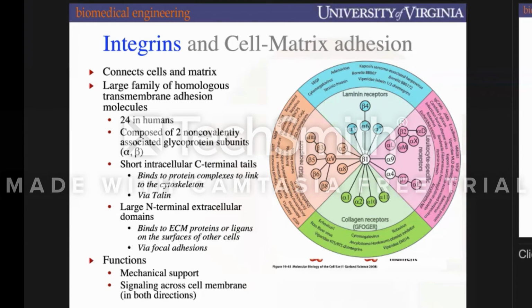For example, we study alpha V beta 3 a lot in our lab. We also study alpha 5 beta 1. Those are RGD integrins that recognize that.